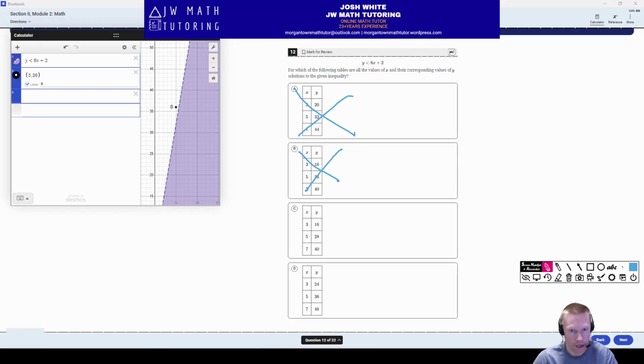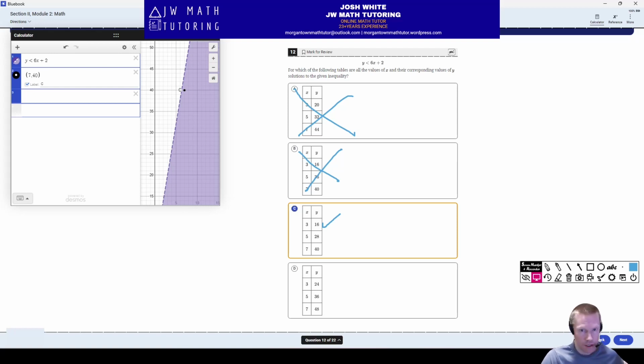So we can move on from there. For C, we already checked that one, we already know that one works. Now let's check 528. Okay, that one does work. And lastly, let's check 740. Either it works and that's the answer, or it doesn't work. Okay, so all 3 points work. So the correct answer is going to be C here.